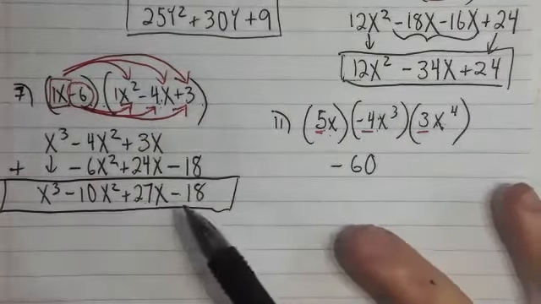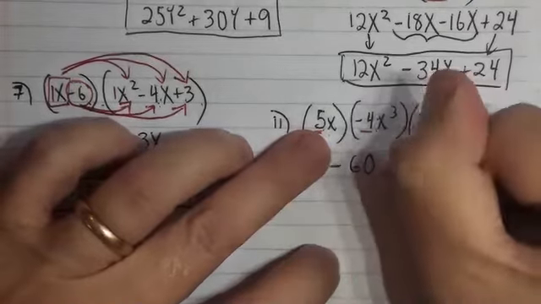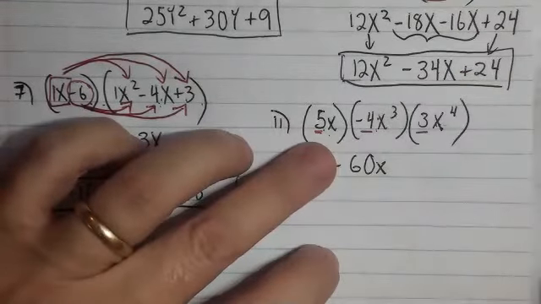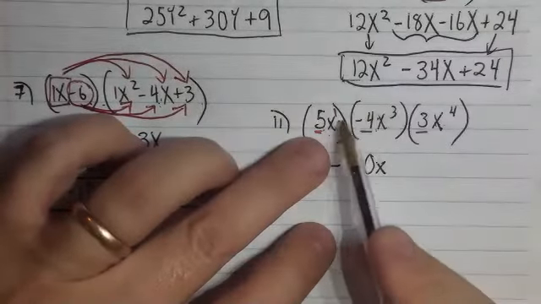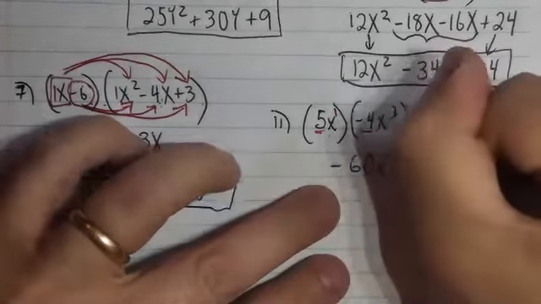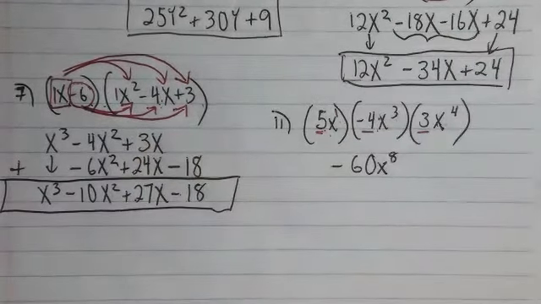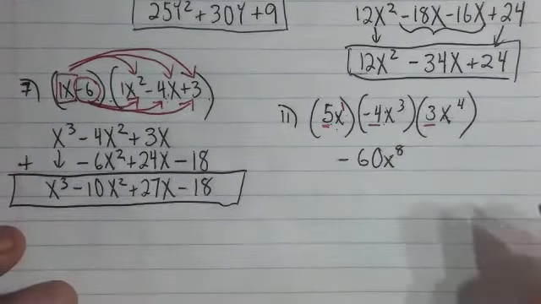Remember, when we add them, there are different terms. But when we multiply them, the rule is they have the same base. You keep the base, and you're adding exponents. This exponent here we know is a 1. So I'm going 1 plus 3 is 4. 4 plus 4 would give me 8. So that would be negative 60 x to the eighth.